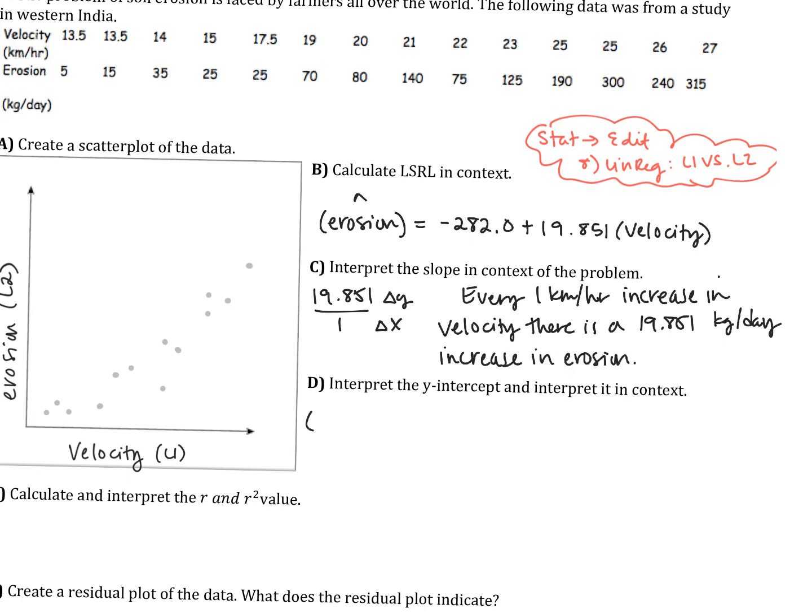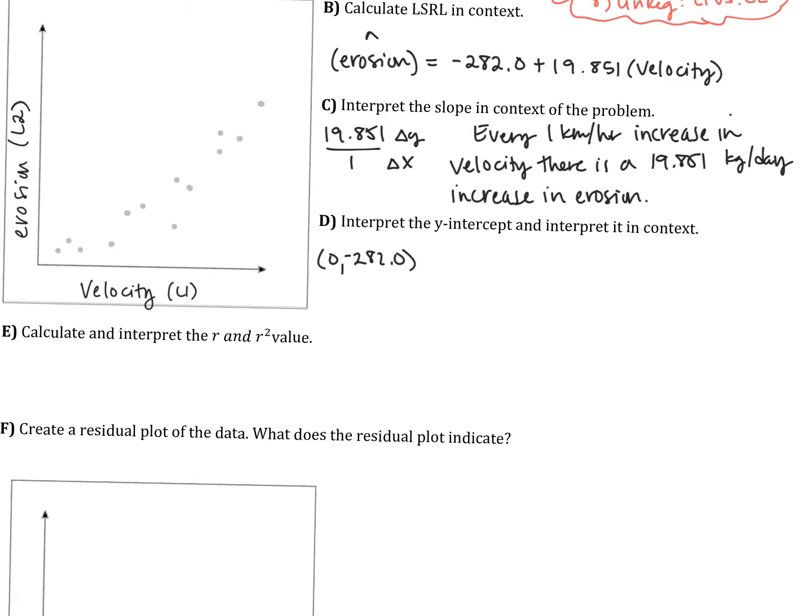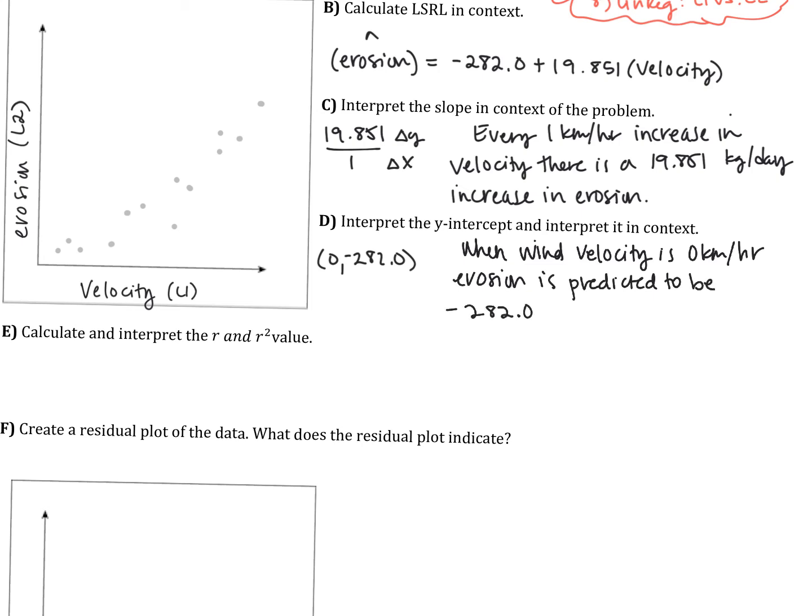Your y-intercept is when x is 0. So let's interpret this right here. When wind velocity is 0 kilometers per hour, erosion is predicted to be negative 282.0 kilograms per day.